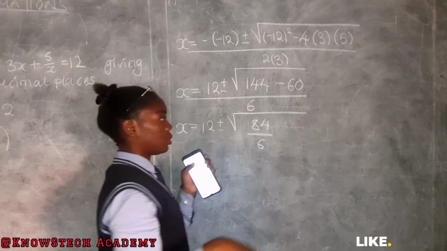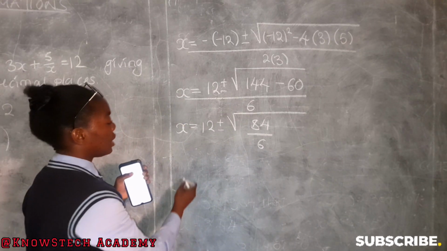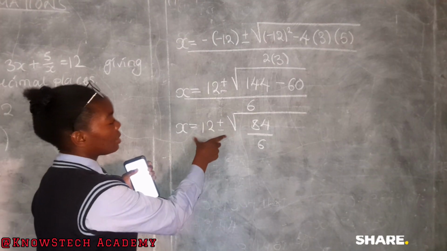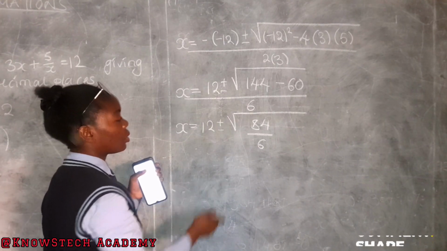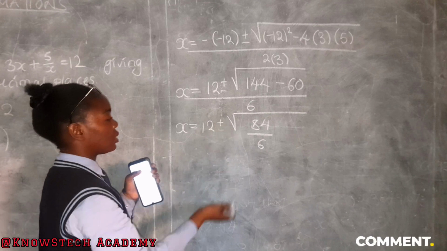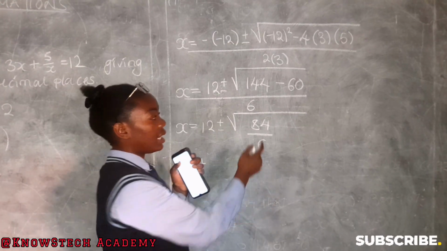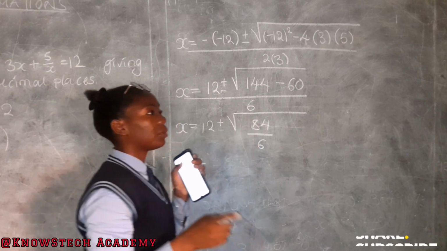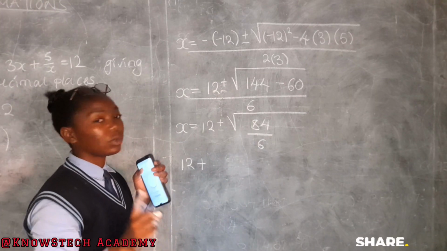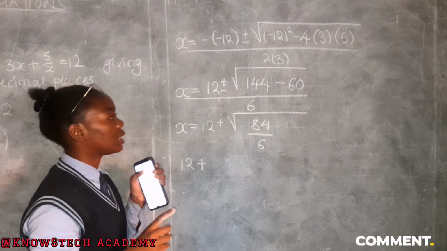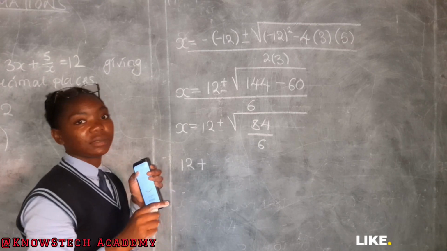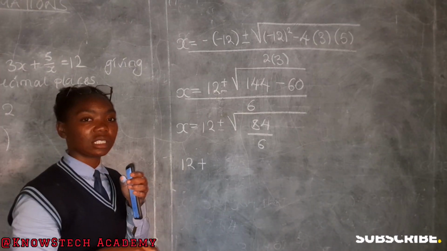But before we find the square root of 84, on this part we've got 12 plus or minus. So we're going to start with our plus, which is going to be 12 plus the square root of 84. So now when we go to our calculator, we're going to punch the square root of 84. What's it giving us?